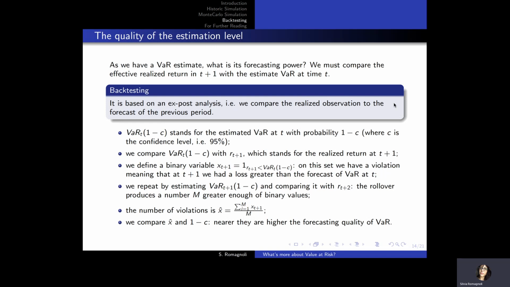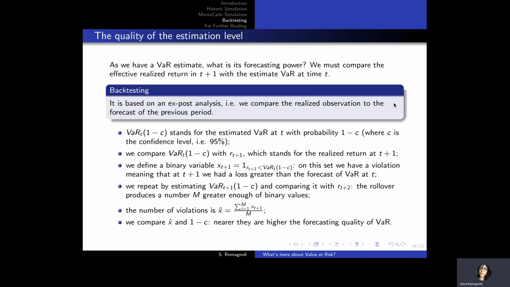The backtesting procedure is based on an ex post analysis where we compare the realized observation to the forecast of the previous period. VaR t+1 minus t is the estimate of the value at risk at time t with probability 1 minus C, where C stands for the confidence level.